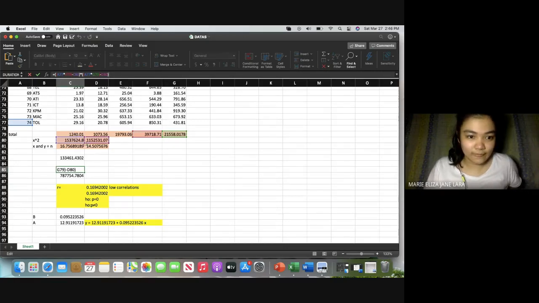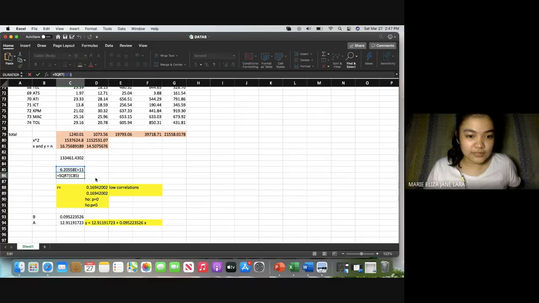You have sample size times the summation of x squared, minus the sum of x that is squared, and then same goes with this one: sample size times the summation of y squared minus the sum of y that is squared, and then here is the square root of this one.